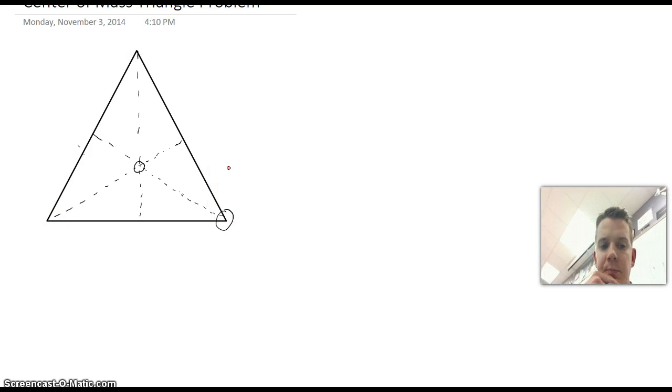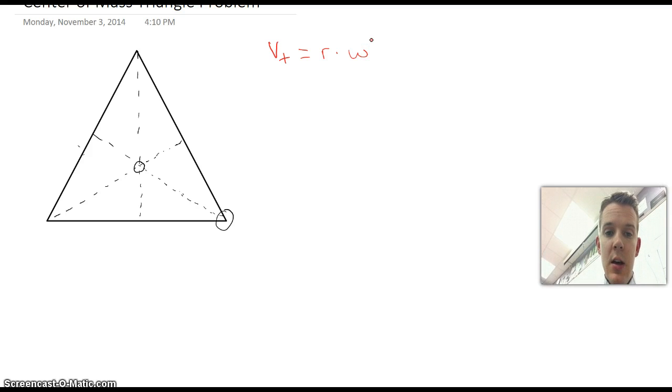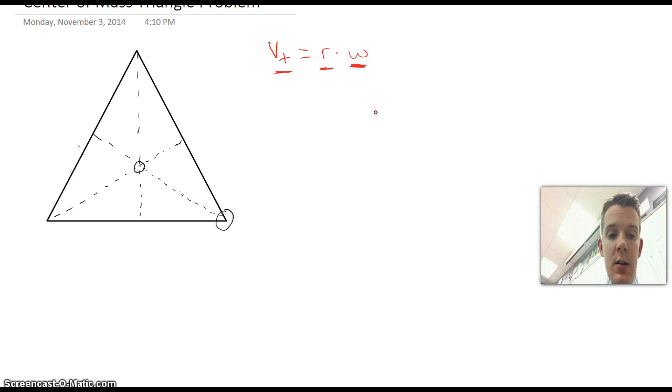How fast the tip is moving depends on the radius of that circle. You should recall that the tangential velocity is the radius times the angular velocity. So before we can figure this out, we're going to need to know this, and we can calculate it based on the 120 RPM that they gave us.